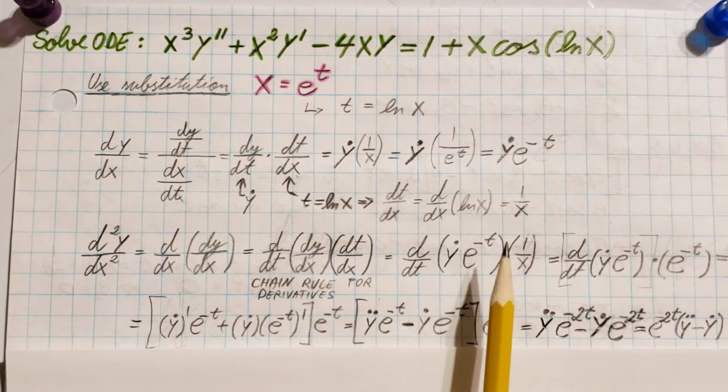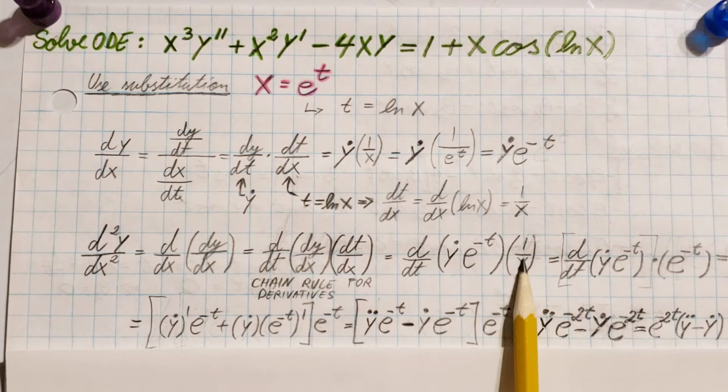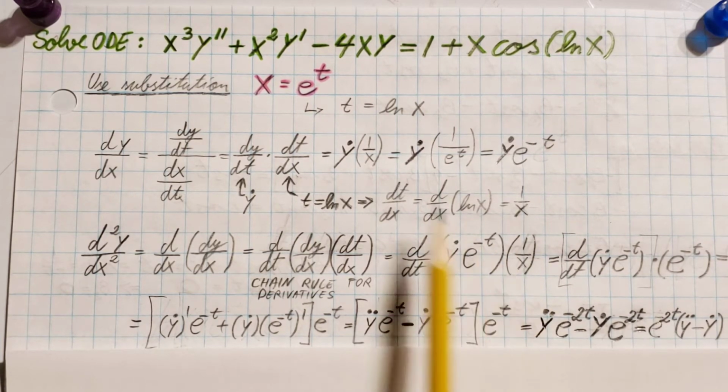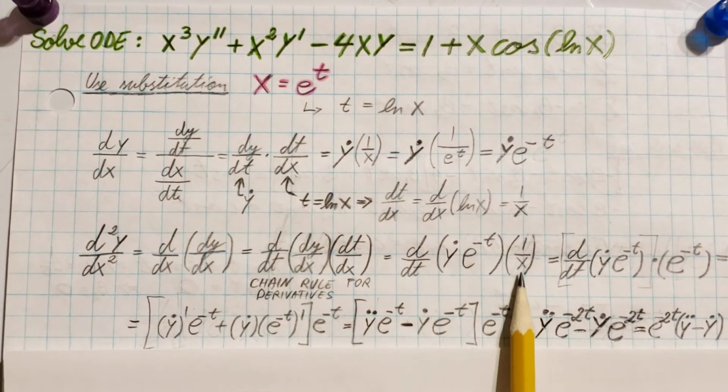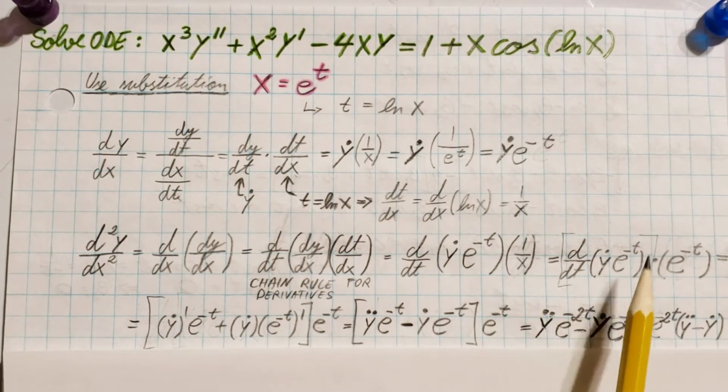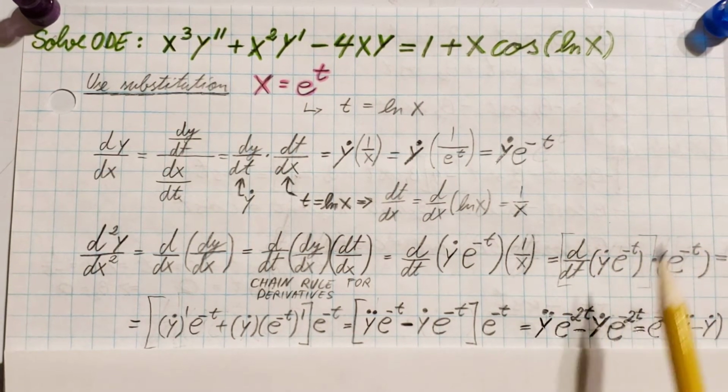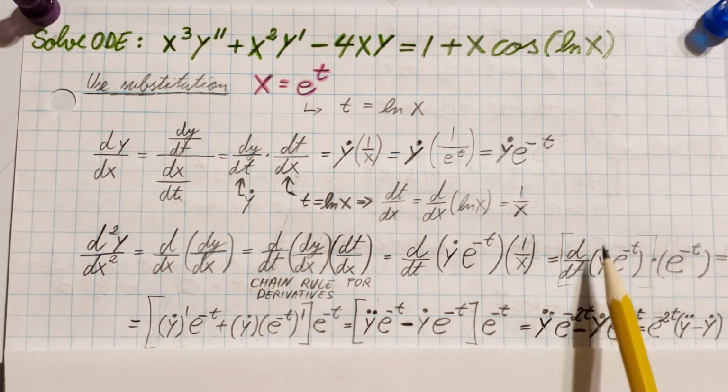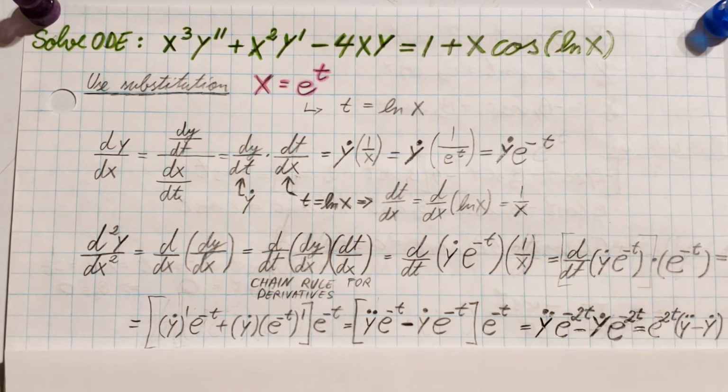Now, after this step, I'm going to convert this one again, plugging in e to the t instead of the x. We don't want x's right here. And this is what we have. Now, this one is just multiplying, but let's take care of this derivative. It's the product rule. That's what you see right here.